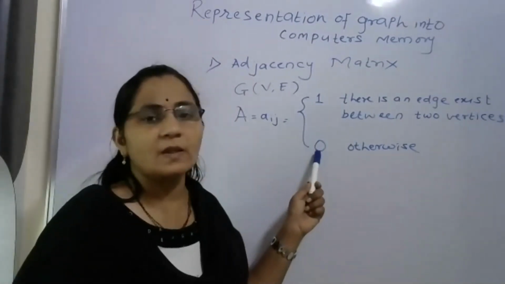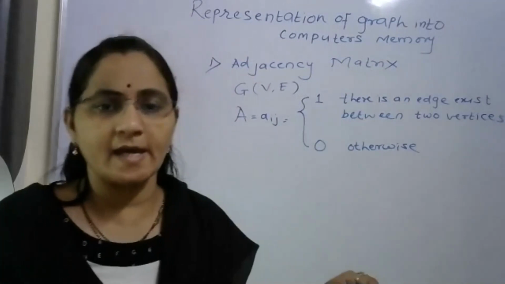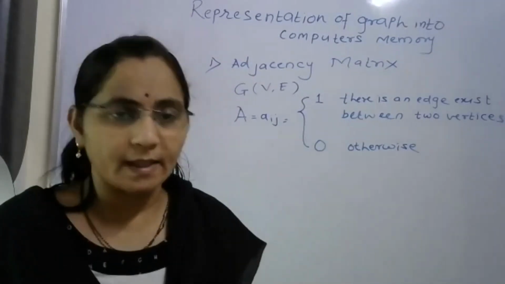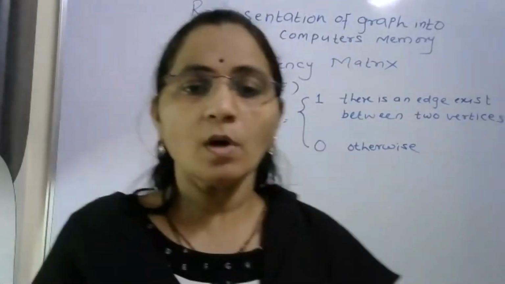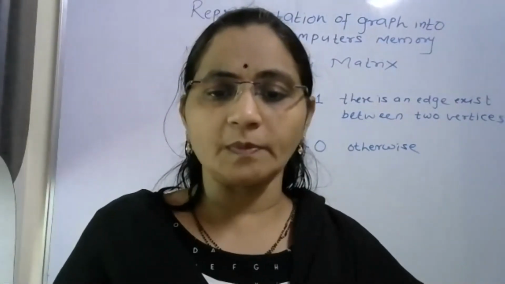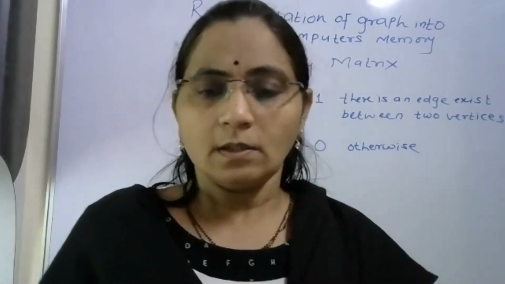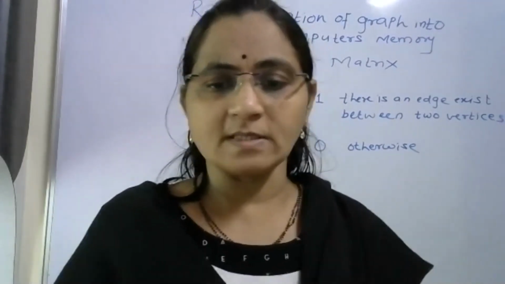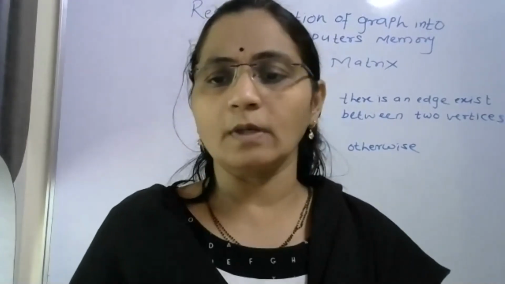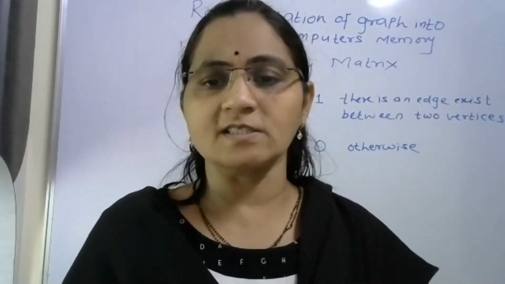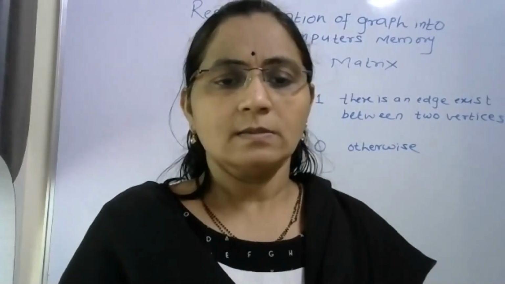Otherwise 0. Otherwise 0 means if there is no edge between the given two vertices, then you put 0. Now I share my screen, and you can see the examples of how to represent the particular given graph into the adjacency matrix.